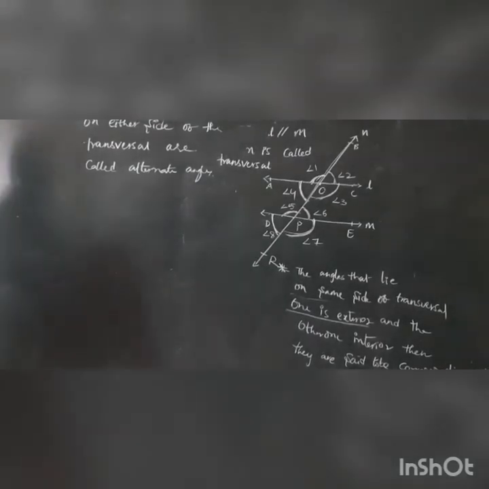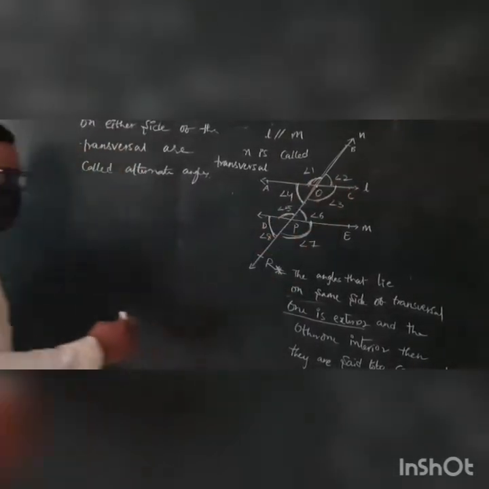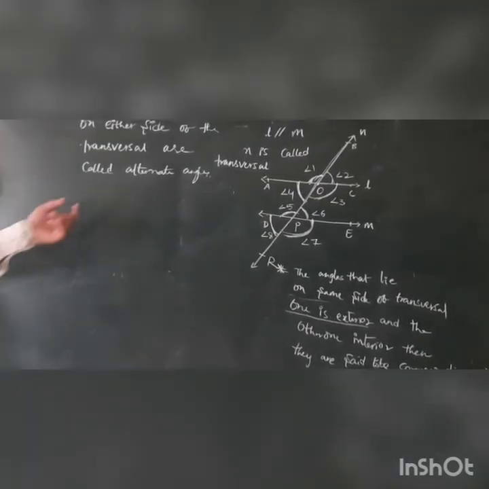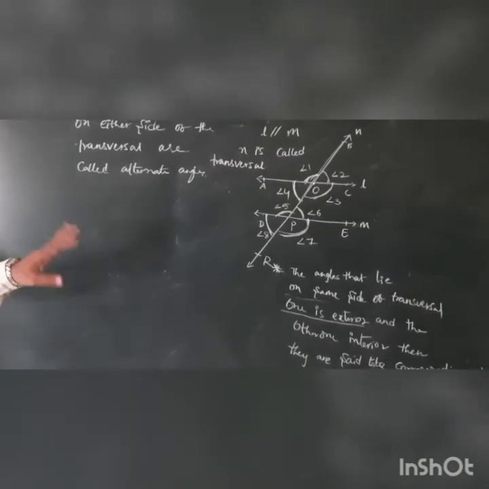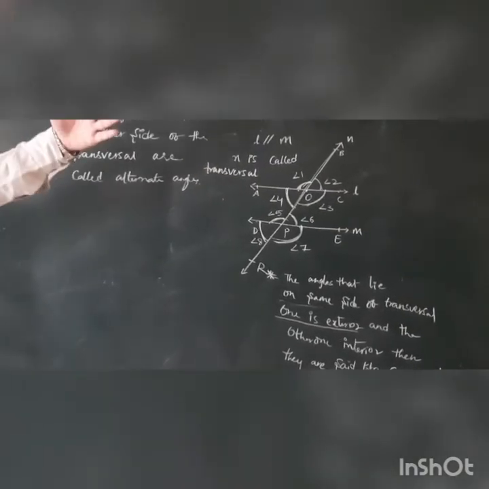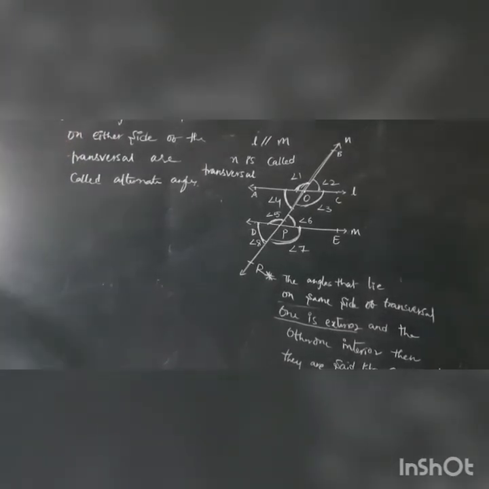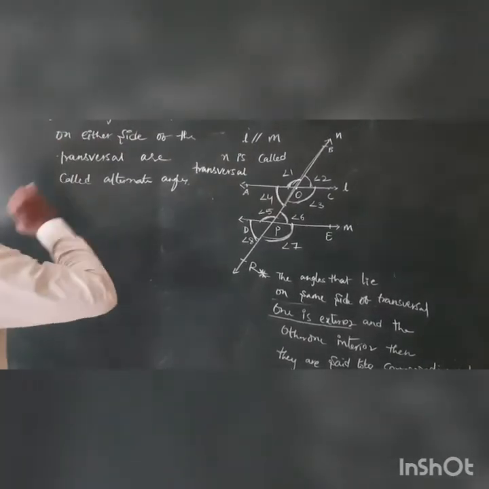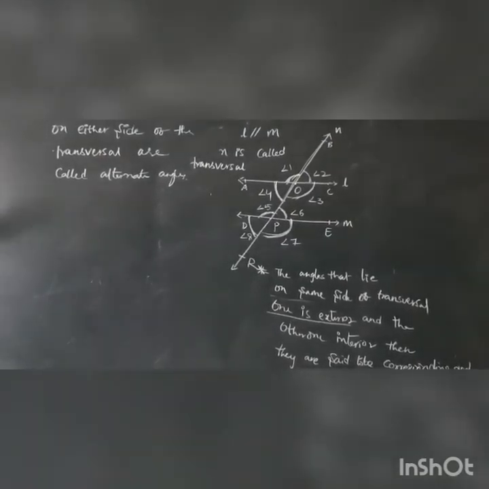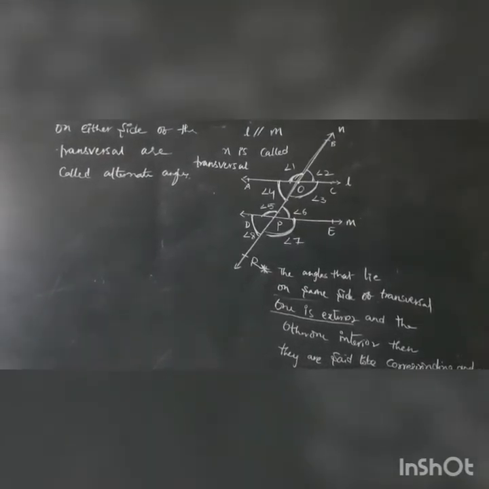That means can we say angle 1 and angle 2 are lying on either side? Can I say like that? No, because they form a linear pair. We shouldn't take it that way. Alternate in the sense one is from the top side and one is from the down side. The angles that lie on either side of the transversal are called alternate angles.